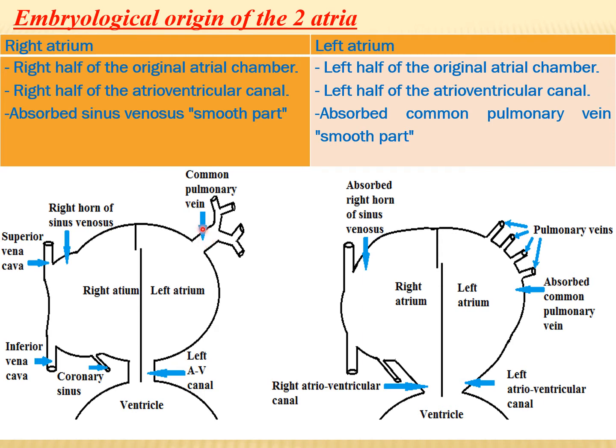This is a small vein here, receiving 4 pulmonary veins. So absorption of this vein into the wall of the left atrium forms the smooth part of the left atrium, resulting in the 4 pulmonary veins opening directly into the left atrium.